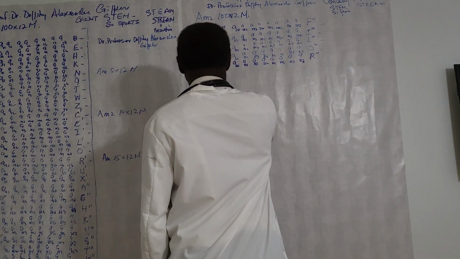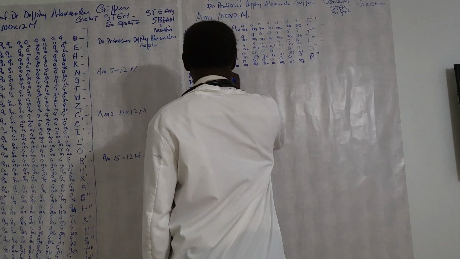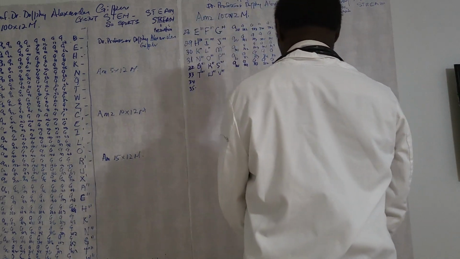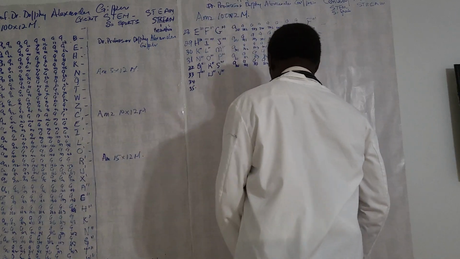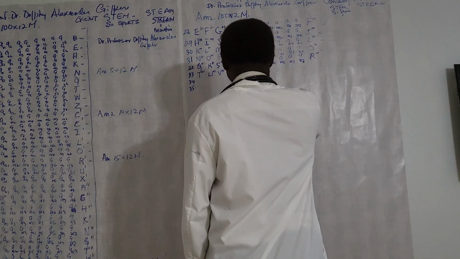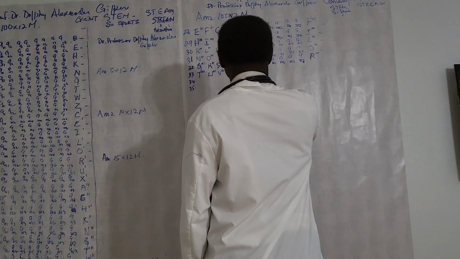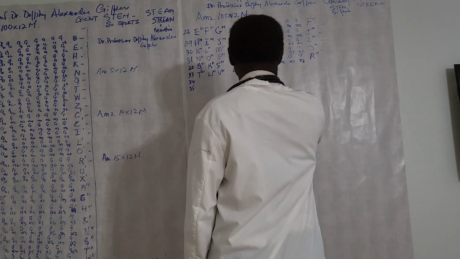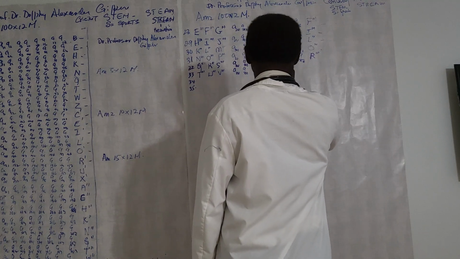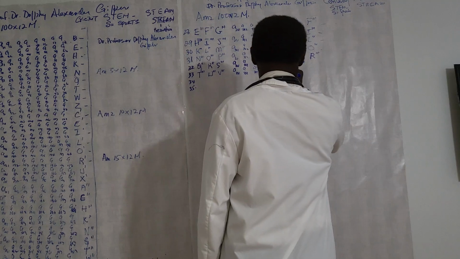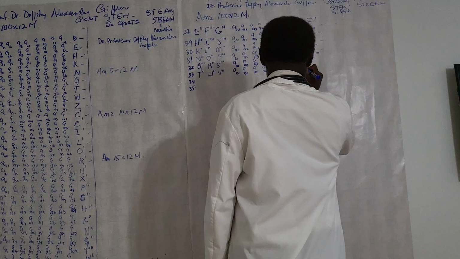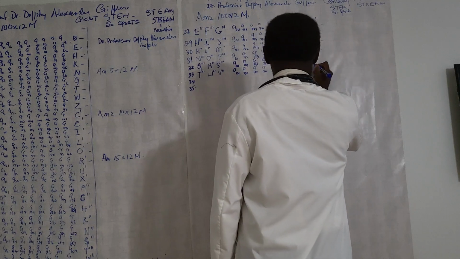T triple prime, U triple prime, V triple prime. A33, 1, A33, 2, A33, 3, A33, 4, A33, 5, A33, 6, A33, 7, A33, 8, U triple prime.